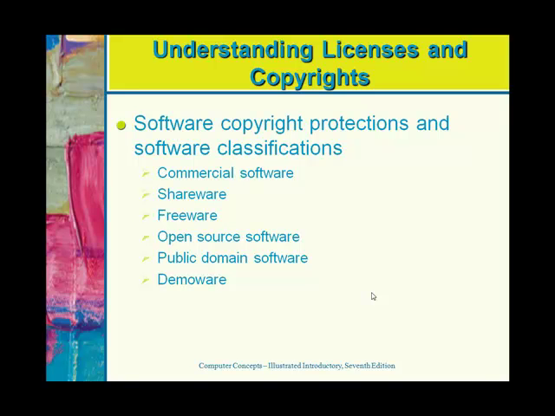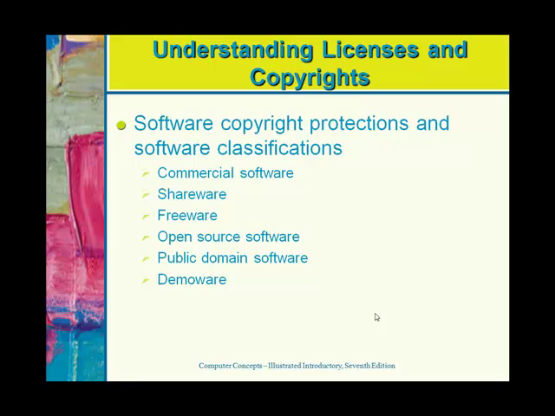Software is bound by copyright protection. There are several different classifications. Commercial software is the kind that you go out and buy in the store. Shareware is a try before you buy. The owner retains the copyright. Freeware is software you can download for free, but there is a copyright holder. Open source software is given for free, and they include the code with it.